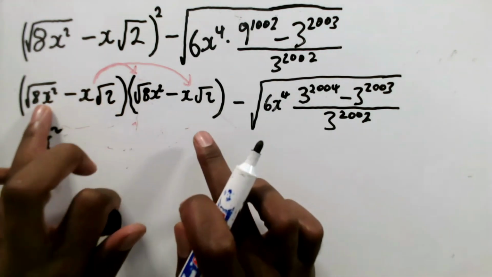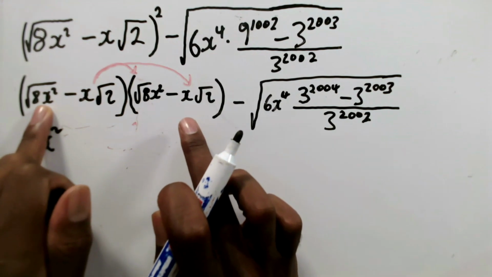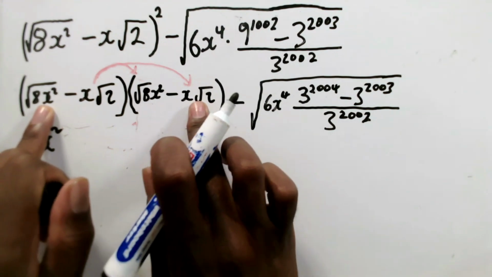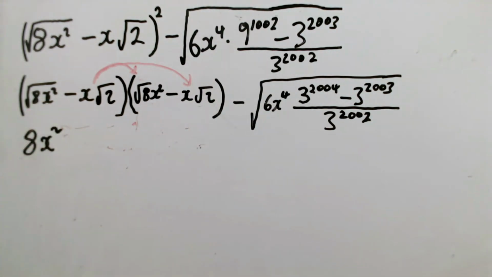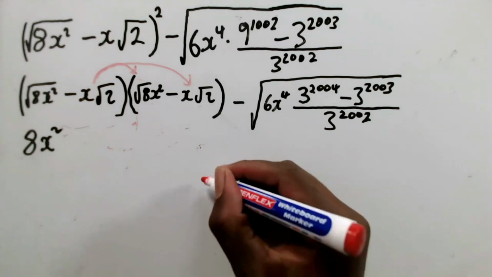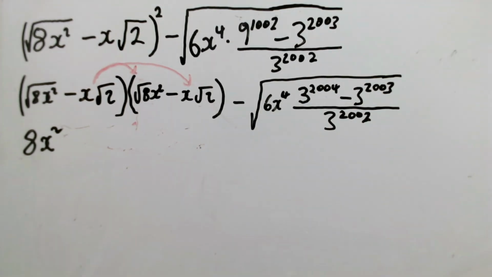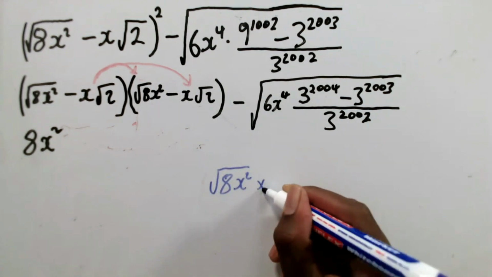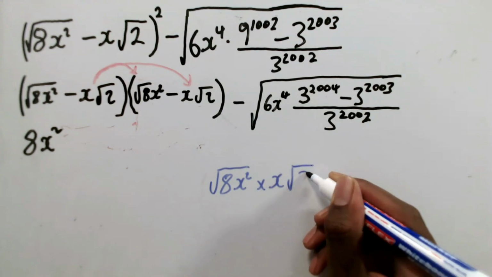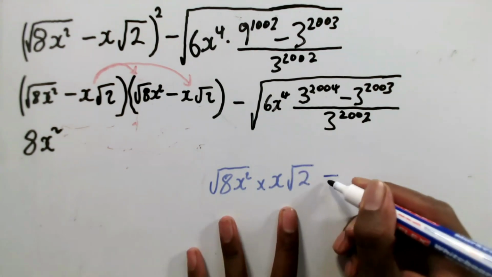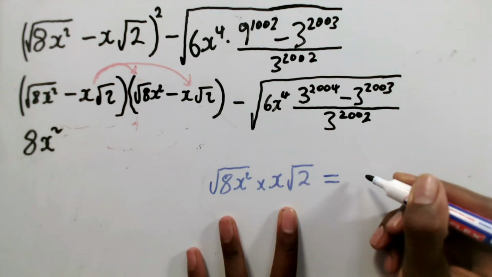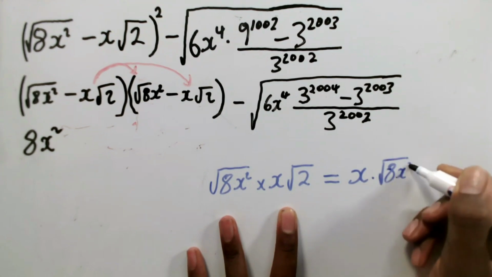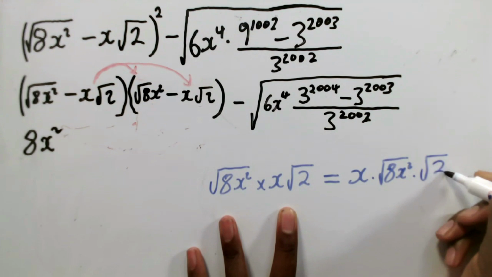Now look at this one. When we multiply root 8x squared times x root 2, we have 8x squared times x root 2. This is the same as x times the square root of 8x squared times the square root of 2.